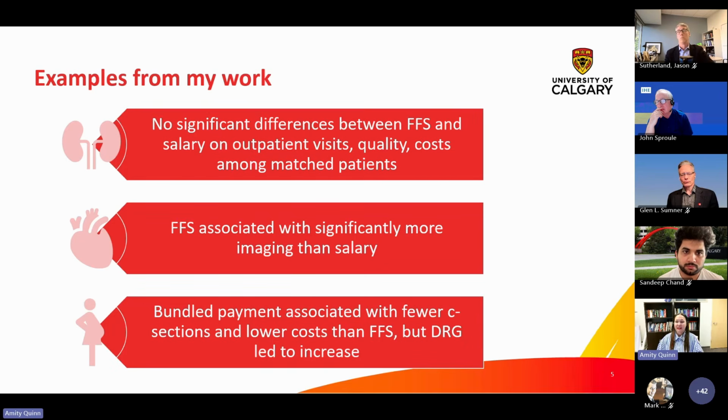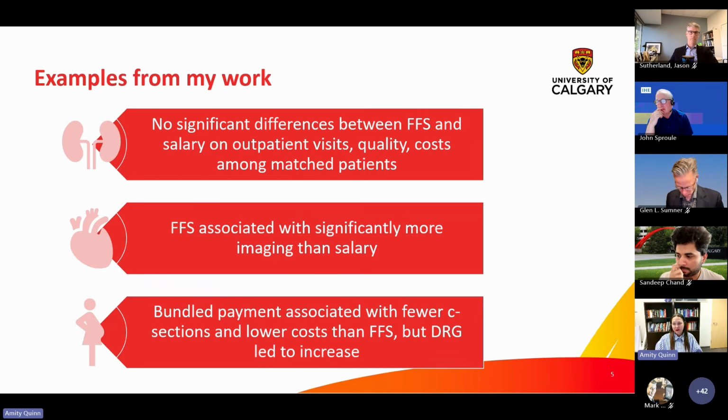So the lesson isn't that bundled payments or case-based payments are good or bad, but that the design details really matter. Putting all this together, these examples suggest that payment can influence behavior, but its effects depend heavily on specialty type, context, implementation, how we're measuring this, and the outcome we're trying to improve.